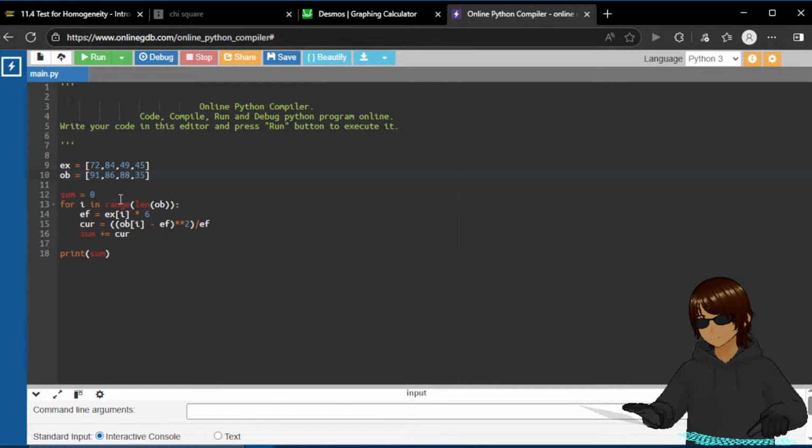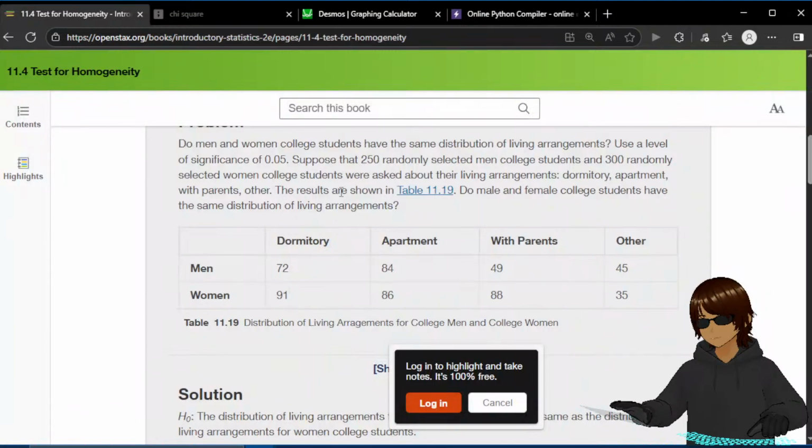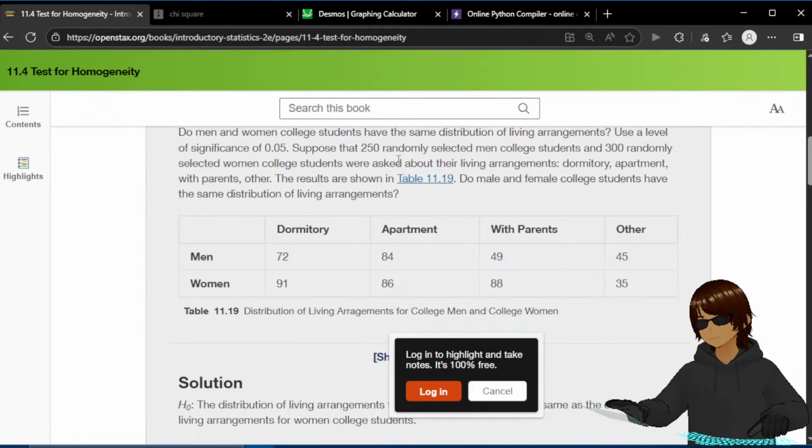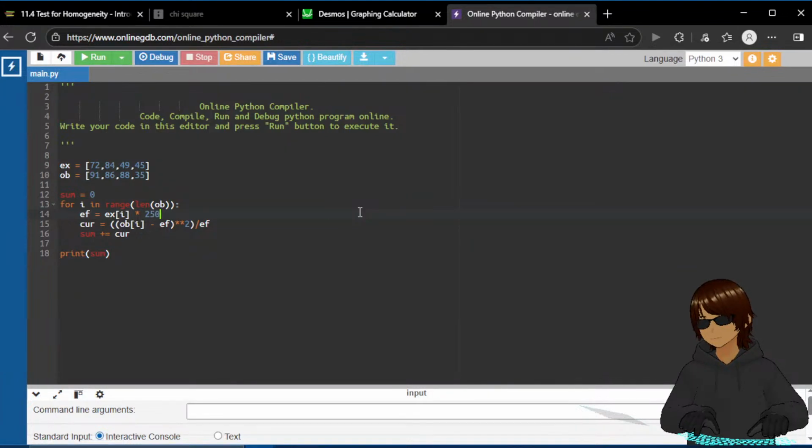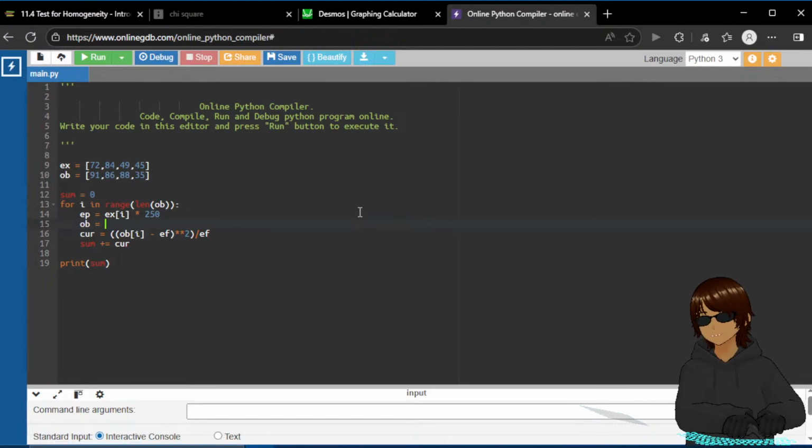Sum is 0. Expected, expected I. Do I divide it by 250? Expected percentages, observed percentages.